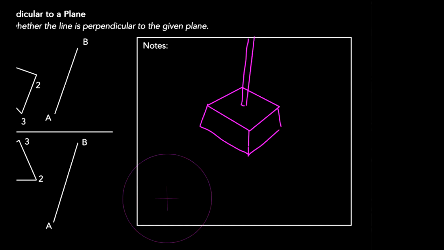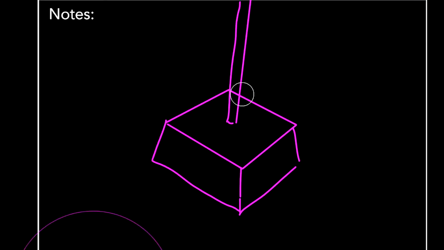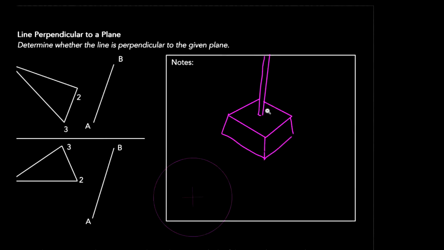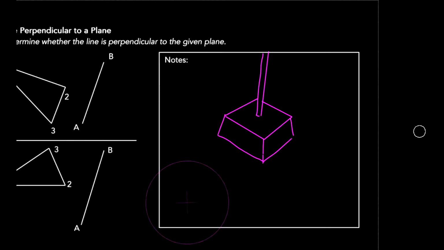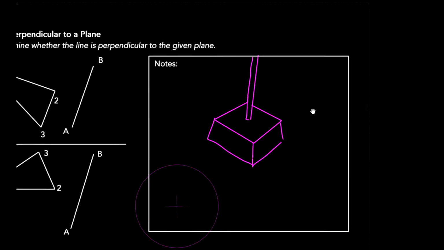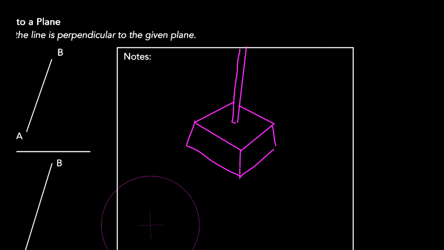So, let's continue. Imagine that we have a flagpole like that. Try to imagine that this pole is stuck onto our base, and they are truly perpendicular to each other. That's fairly easy to imagine. You'll find out that the flagpole is actually perpendicular to all lines contained in the plane.